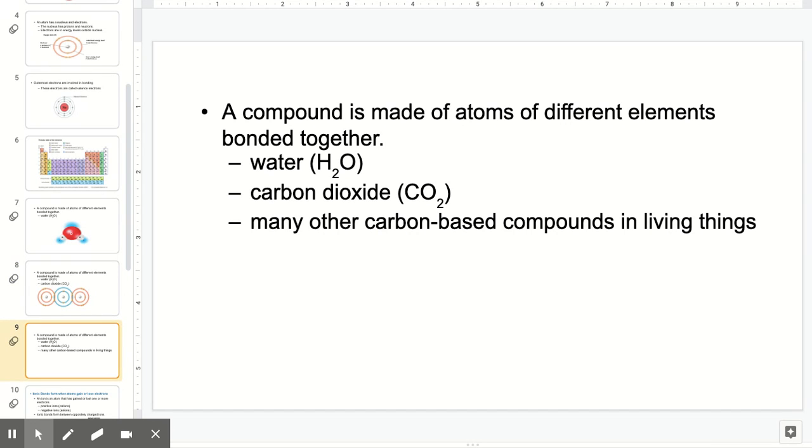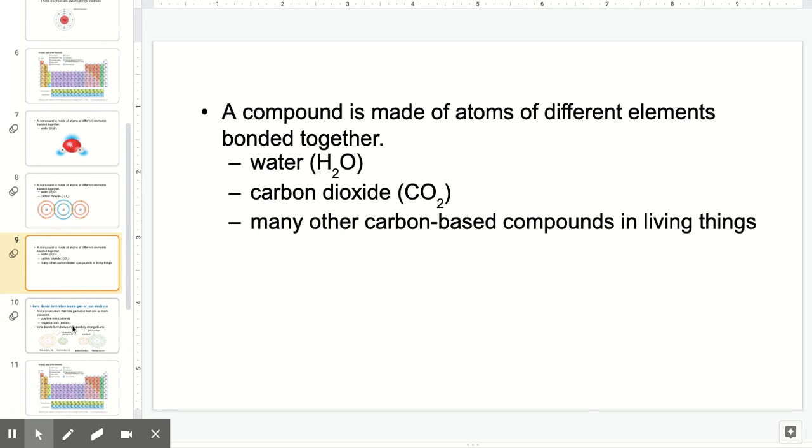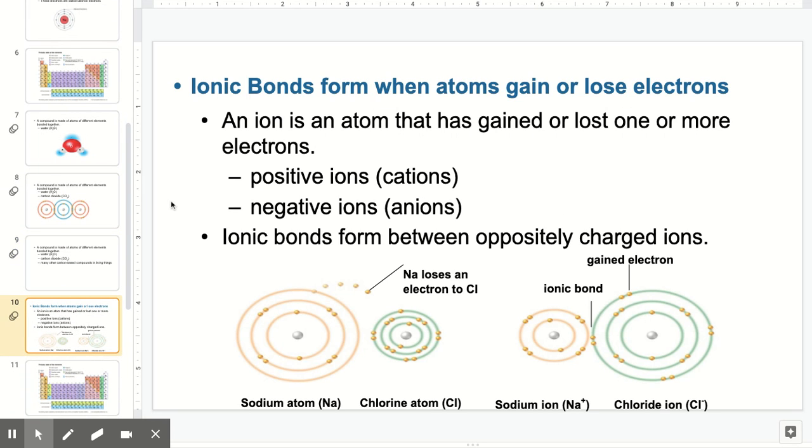In terms of how living things are made, they're really a combination of different compounds. Compounds can be really complex or pretty simple, and that really has to do with the types of bonds.